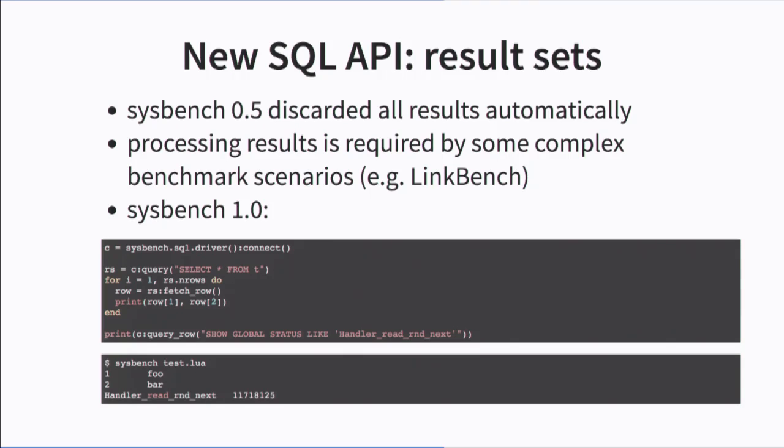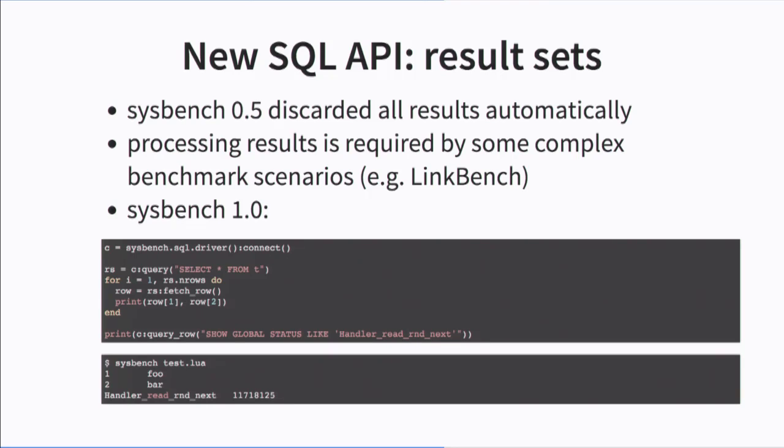Another frequently requested feature that is available in the new SQL API is result sets. So sysbench 0.5 discarded all results automatically, and that was good enough for most benchmarks, because most benchmarks are not interested in reading results from the server. But some complex benchmark scenarios require processing result sets. For example, LinkBench. Some people have tried to implement LinkBench in sysbench Lua, and the inability to read and process query results was the main obstacle for that.